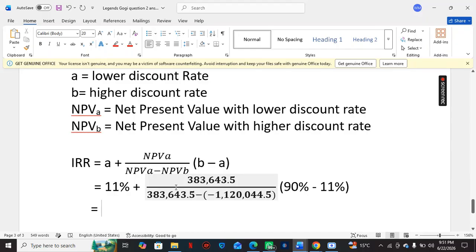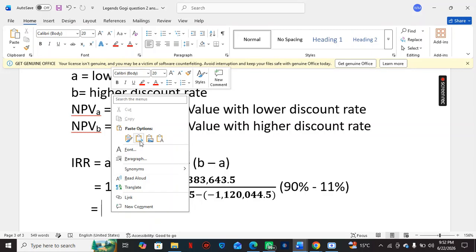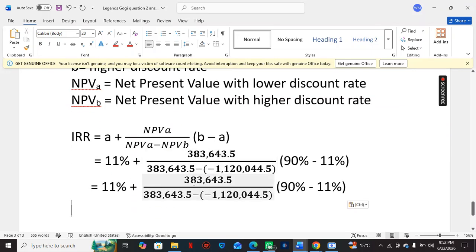First things first, 383,643.5 plus, because this is a negative and a negative, so plus 1,120,000. Do this step by step. Also, you can do 90 minus 11, that is 79.